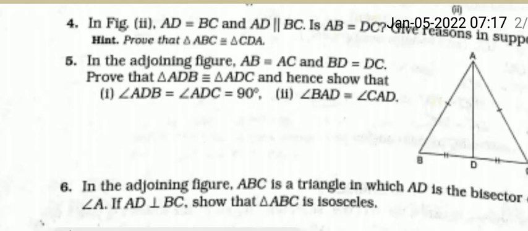Prove that triangle ADB is congruent to triangle ADC, and hence show that angle ADB equal to angle ADC equal to 90 degrees and angle BAD equal to angle CAD.